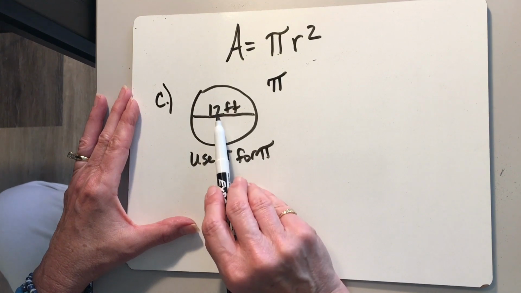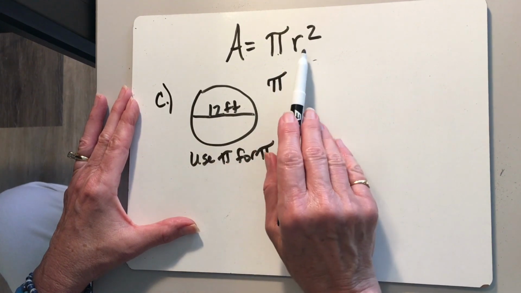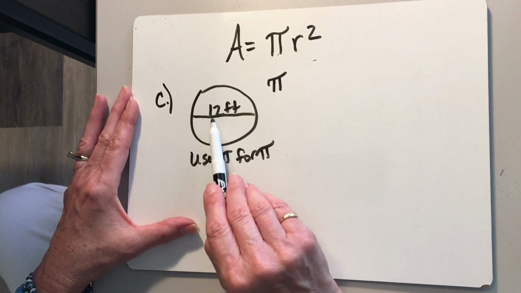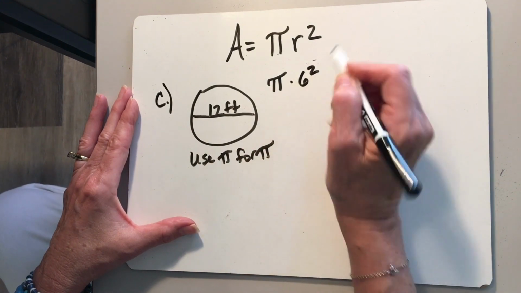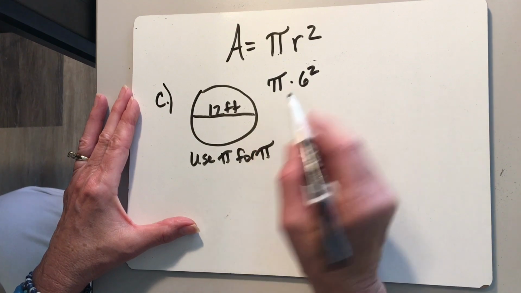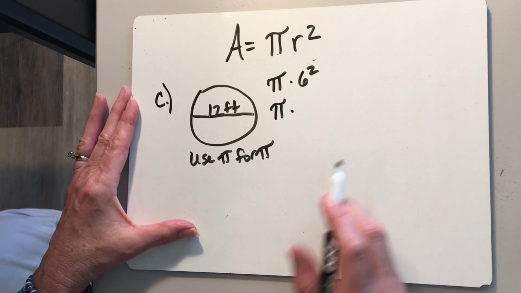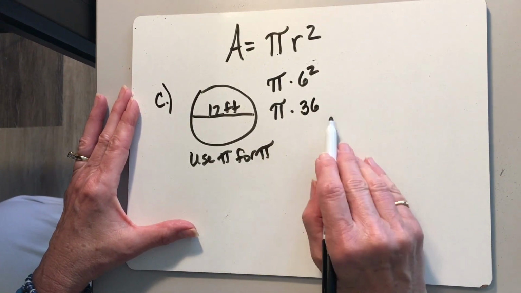Radius squared, they gave us a diameter, not a radius. So how do we figure out the radius when we're given a diameter? We take that number and we divide it by 2. So 12 divided by 2 is 6. So our number is 6 squared. Can't do anything with pi here. They didn't say put a number in there, so it's just pi. 6 squared, all you have to do is multiply 6 times 6, and that's 36.